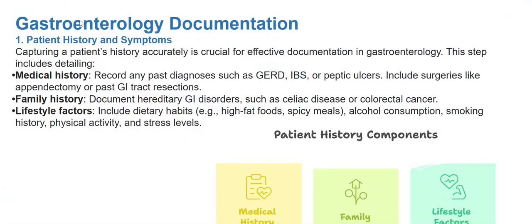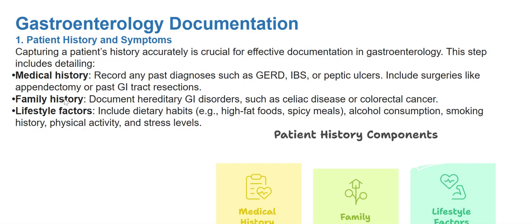Key points: gastroenterology documentation. Patient history and symptoms. Capturing a patient's history accurately is crucial for effective documentation in gastroenterology. This step includes detailing medical history, recording any past diagnoses such as GERD, gastroesophageal reflux disease, IBS, irritable bowel syndrome, or peptic ulcers.